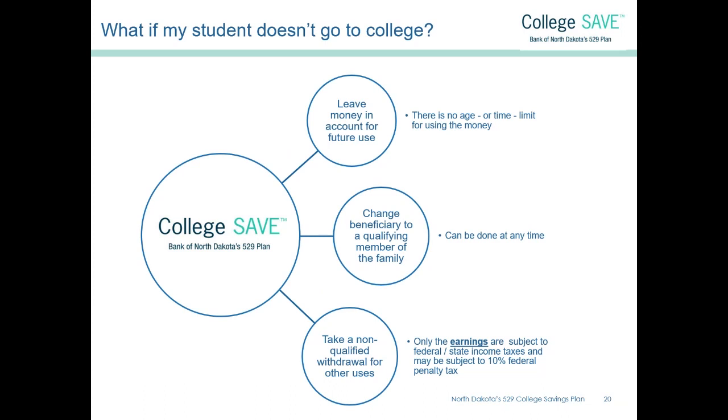The older child doesn't have student loans, they've graduated, they're off doing their thing, you can roll the money down from that child to the other child and give them even more assets for their future education. So that's a great thing to know about, to be flexible, and the 529 plan allows you to do that.